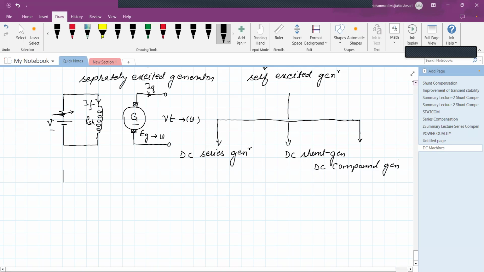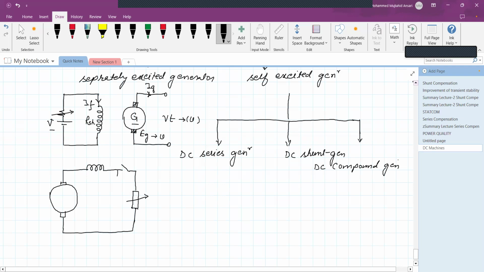So we will draw the figure. This is the armature. And as the winding is connected in series, it has a smaller number of turns. And now it is connected with the load. This is the electrical load, and the electrical load is variable, depending upon the application.